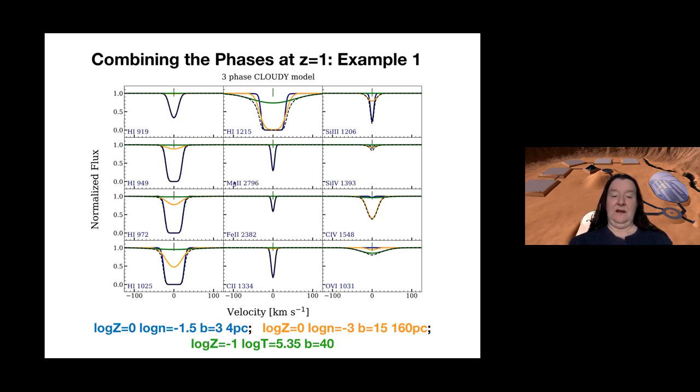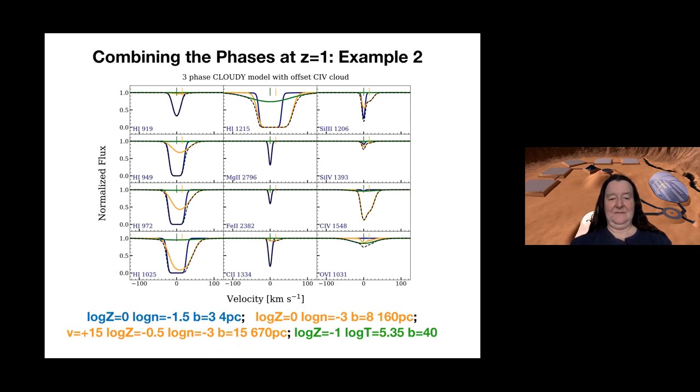The oxygen 6, when it exists, produces these wings, which also are sometimes observed, and so the metallicity can be constrained. Okay. The sizes of these clouds are 4 parsecs, 160 parsecs, and then we're not sure about the O6 exactly without knowing the density.